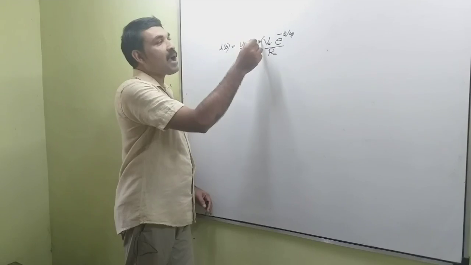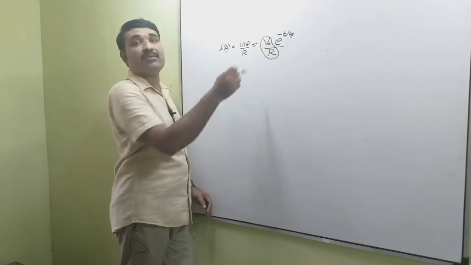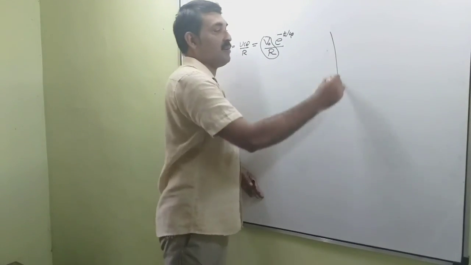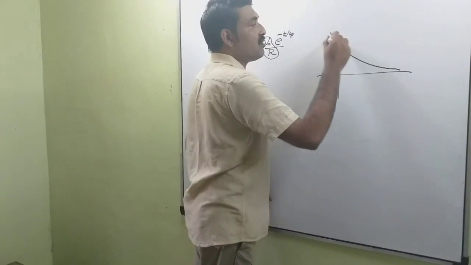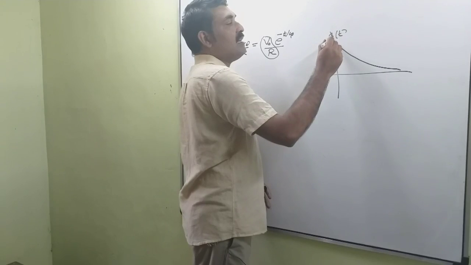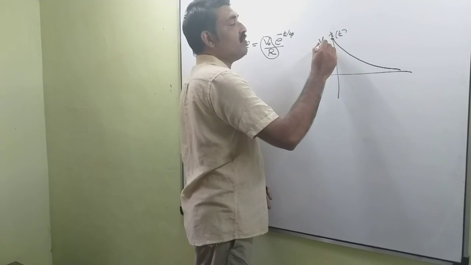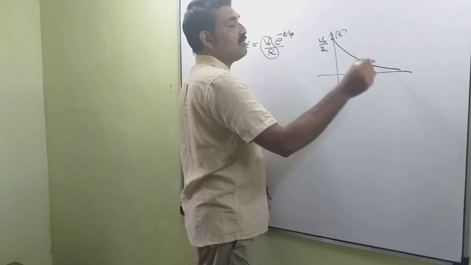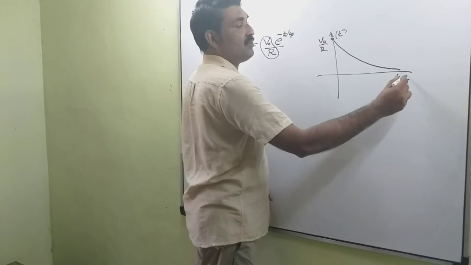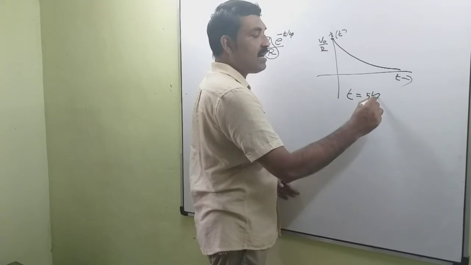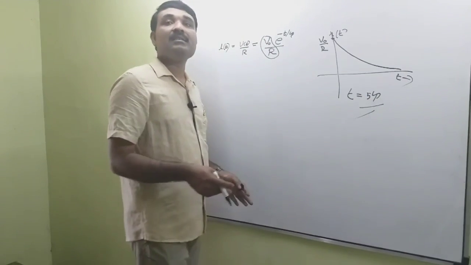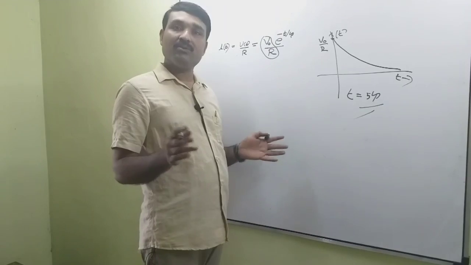But the initial magnitude of the current at t is equal to 0 is V0 by R. So this is the shape of the response I of t, and the initial current is given as V0 by R. So this is exponentially decayed to 0. When t is equal to 5 times the time constant, the current and voltage approach 0.